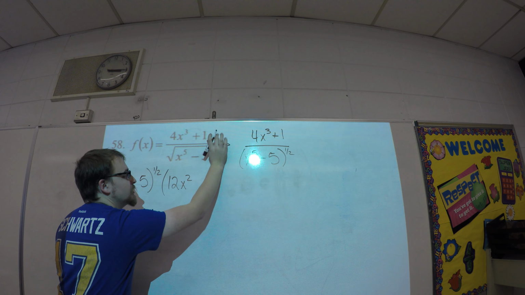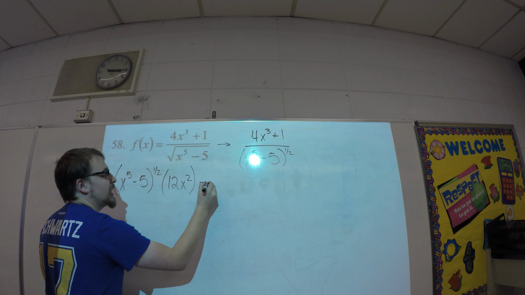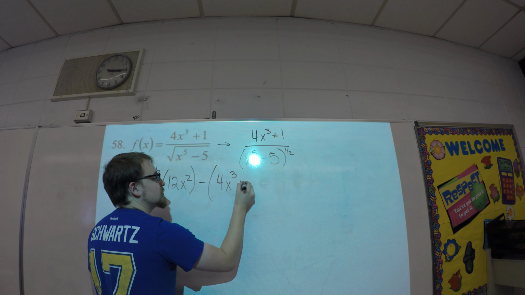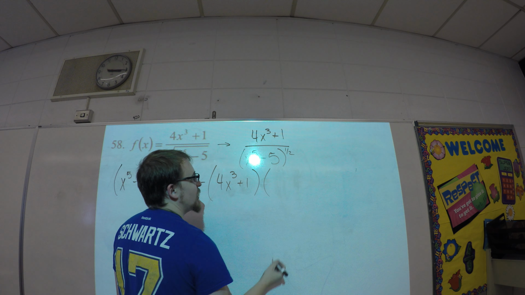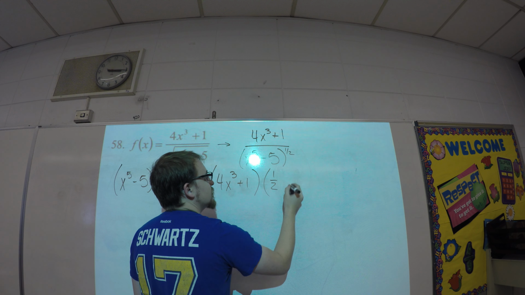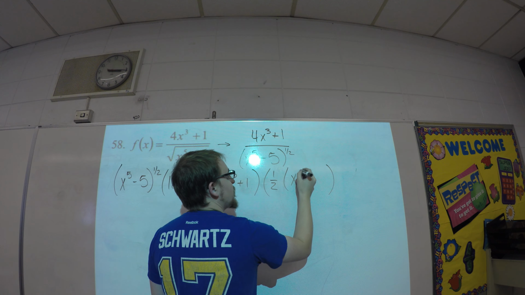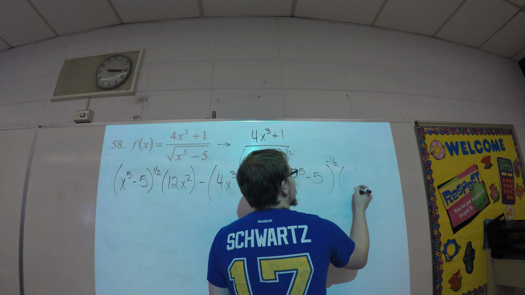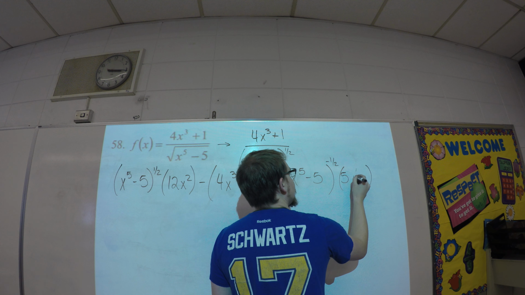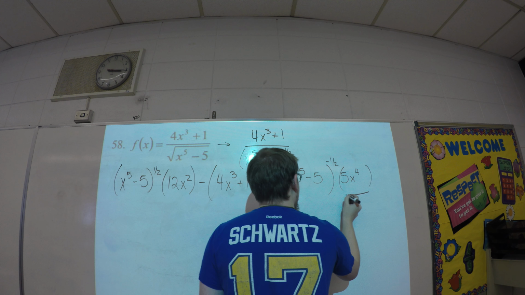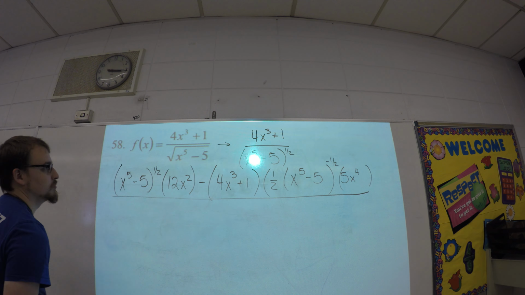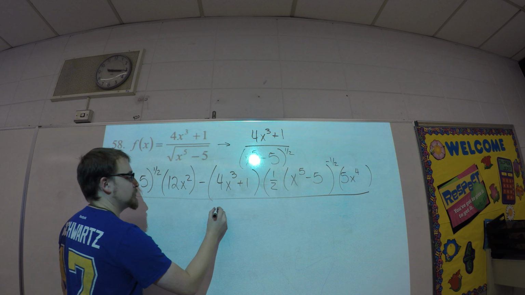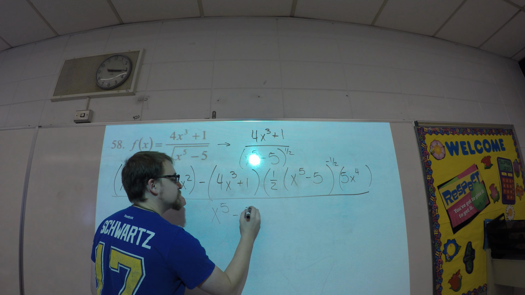And we do minus, top left alone, the bottom, chain rule, right? Negative half power times the derivative of the inside, which is 5x to the 4th. All over bottom squared. Well, when you square a root, it cancels it, right? So we get x to the 5th minus 5 on the bottom.